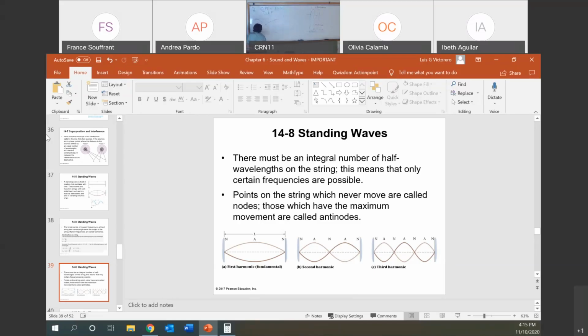So let's put it here. Remember that the harmonics, we label them as n. N is your number of harmonics. We don't really care or count the number of antinodes, only the nodes that end there.